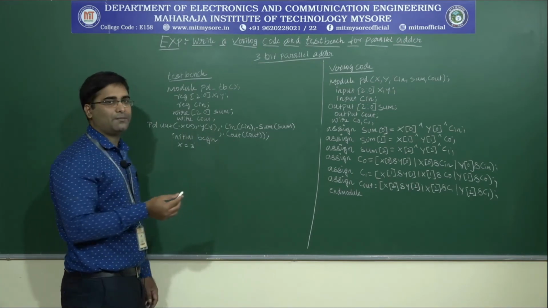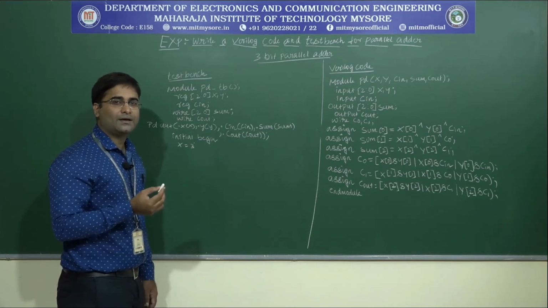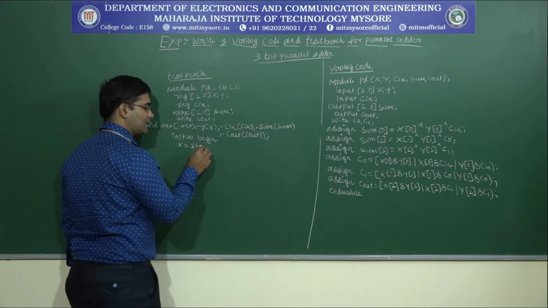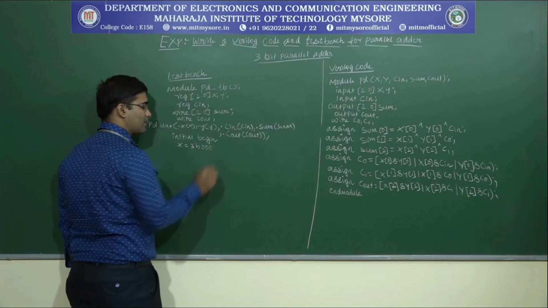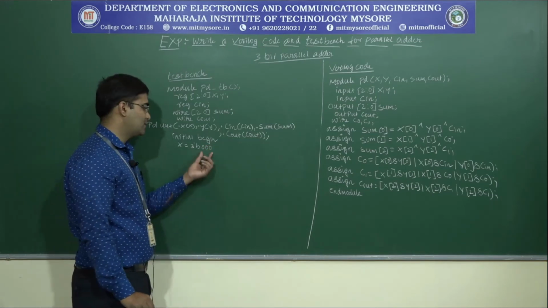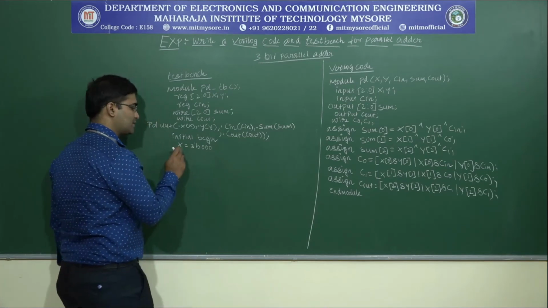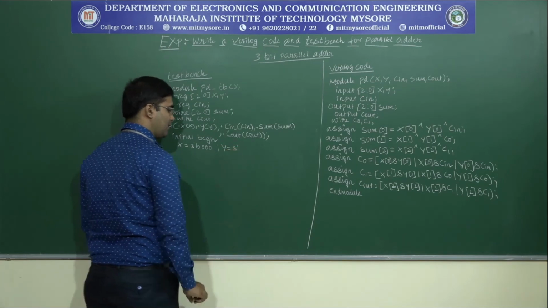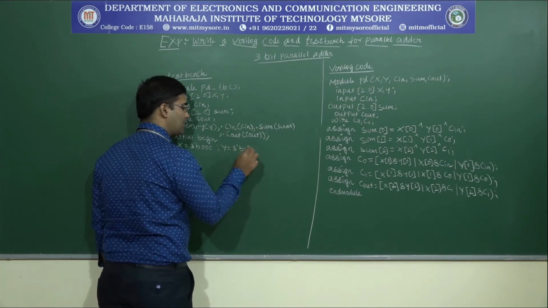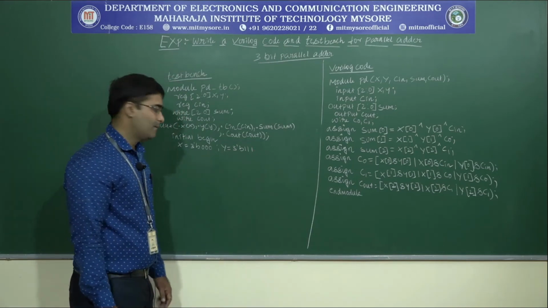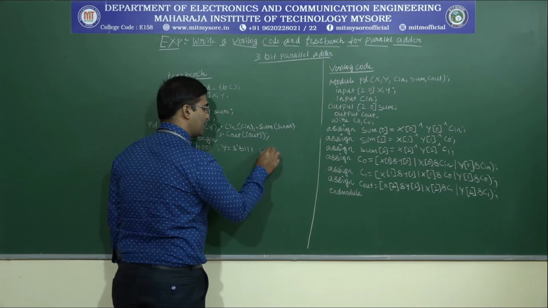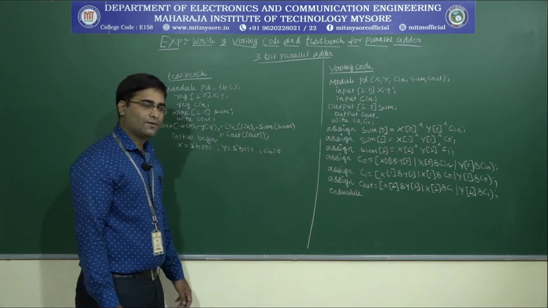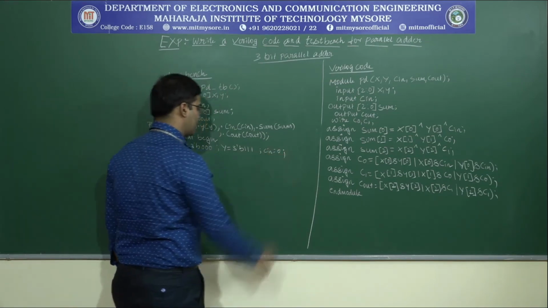We are designing for a 3-bit parallel adder, so we need to define the values with 3 bits. The assigned value, let us say, is 000 for variable x, and next for y, which is a 3-bit, the assigned value is 111, and we will define C in, carry in, as a single bit, which is 0.